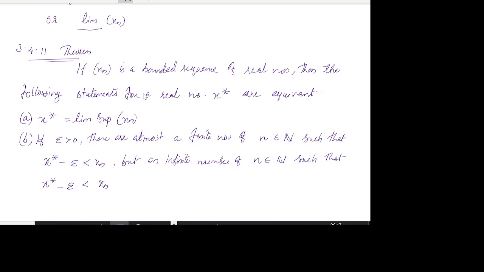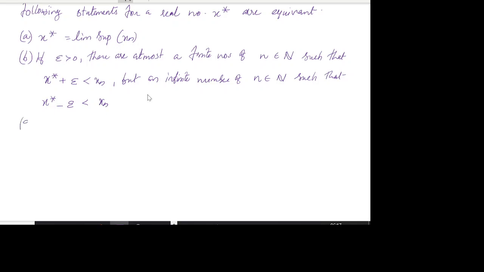See, if epsilon greater than 0, there are at most a finite number of n belongs to N such that x star plus epsilon is less than xn, but an infinite number of n belongs to N such that x star minus epsilon is less than xn.